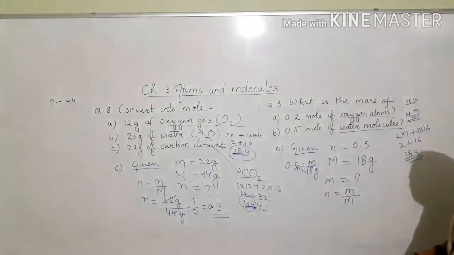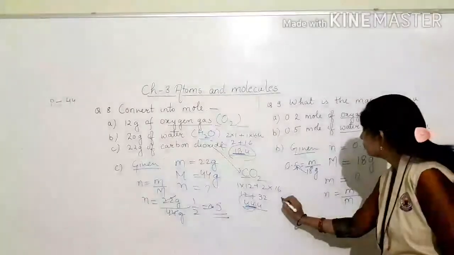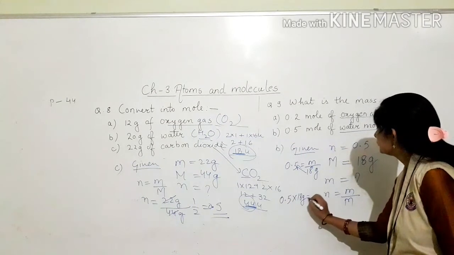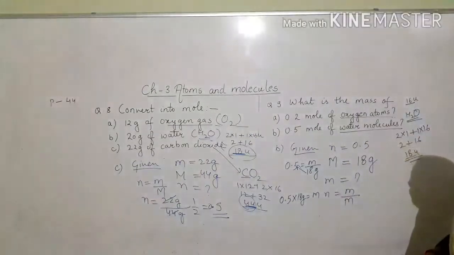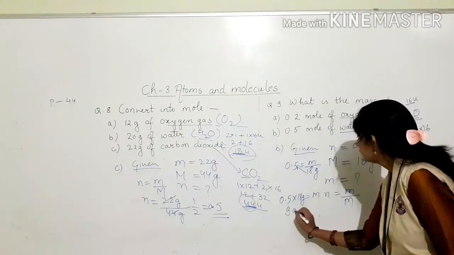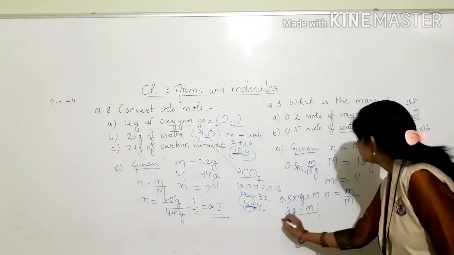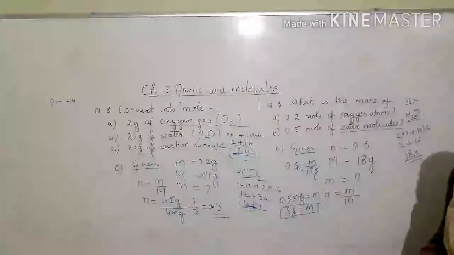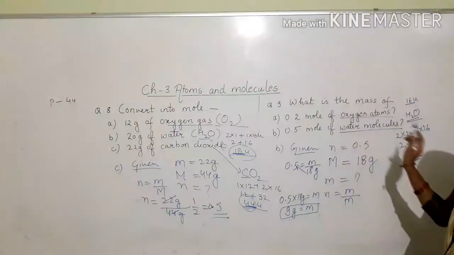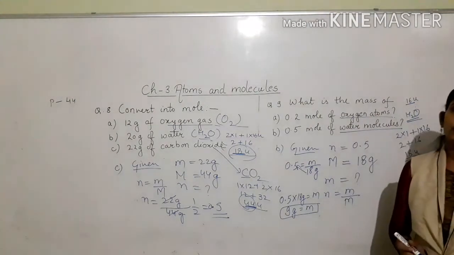Transfer 18 gram from right to left, it will multiply 0.5. Now we have M is equal to 0.5 into 18 gram. It is 9 gram. So what is the mass? 9 gram of 0.5 mole of water molecules.